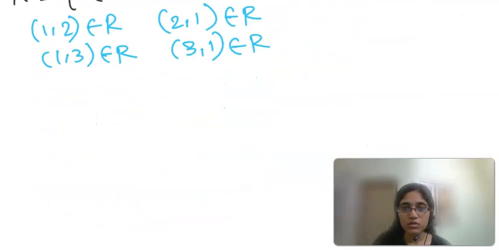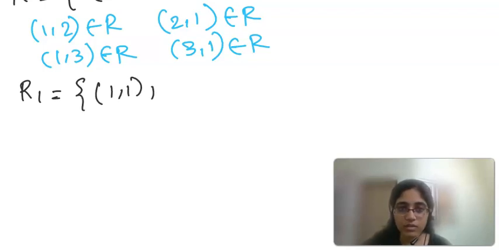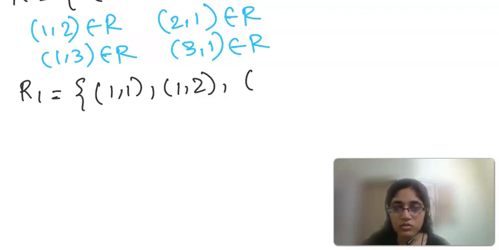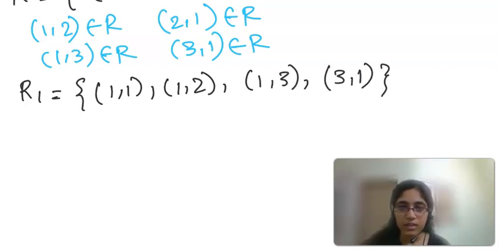Now let's see a non-example. Suppose R1 is equal to {(1, 1), (1, 2), (1, 3), (3, 1)}. Then this is not symmetric. Why?